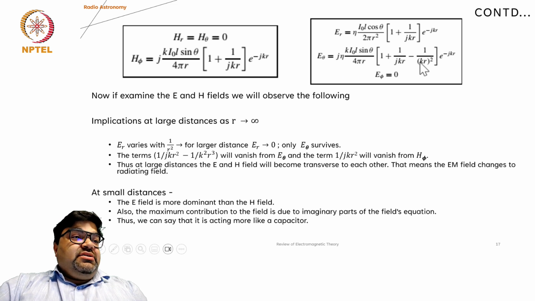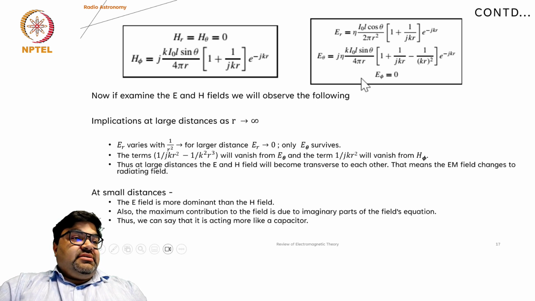E theta also has 1 over R square and 1 over R terms. So the first term will remain, and the next terms will also vanish. That simplifies a lot.